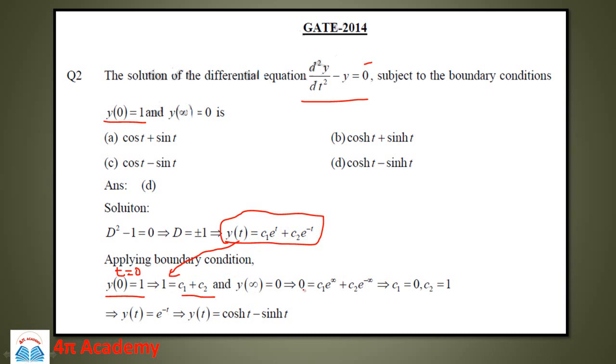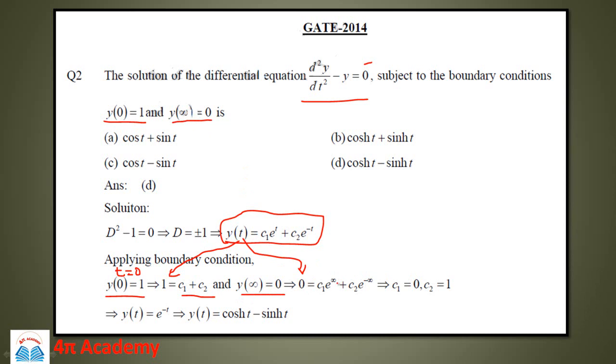Then we put the second boundary condition, that is y of infinity is equal to 0. So for y of infinity being equal to 0, we get this term as 0 for the value of t being infinity.